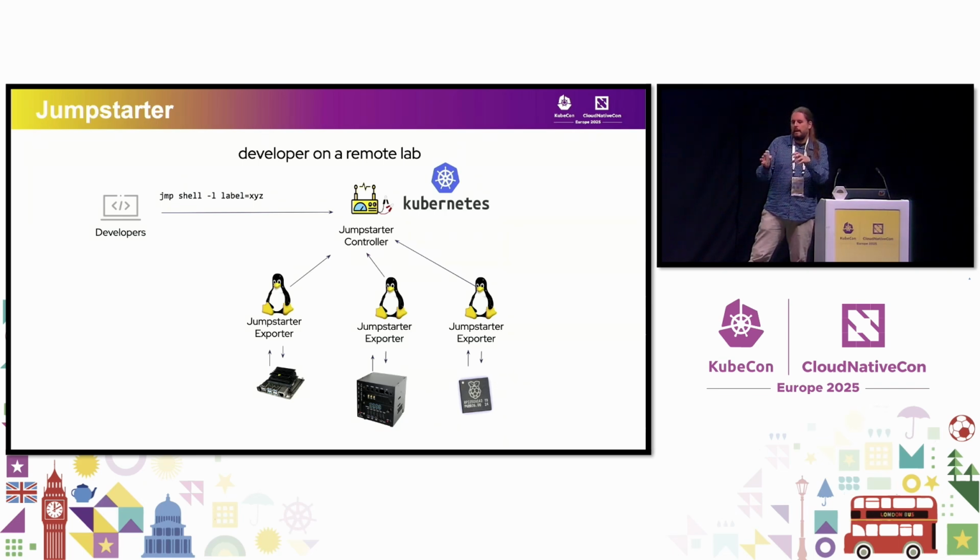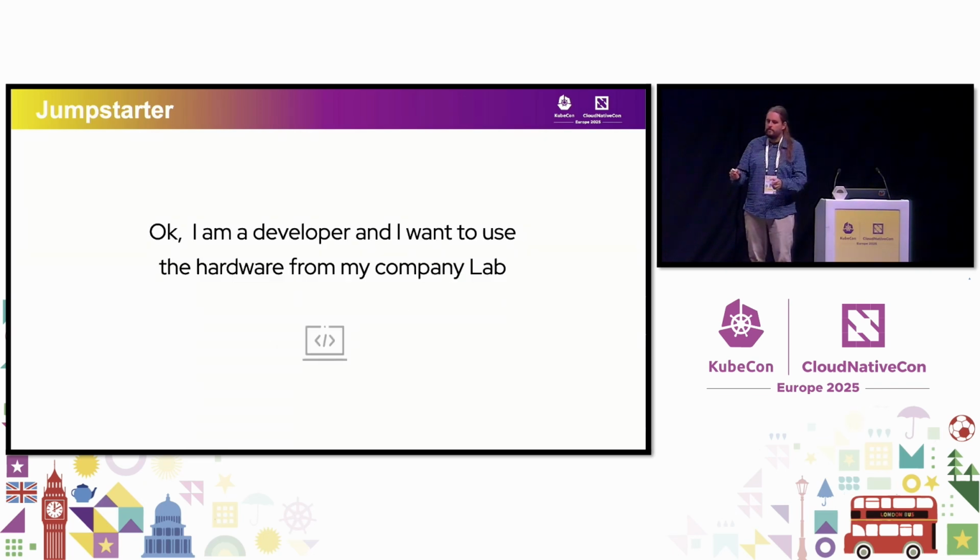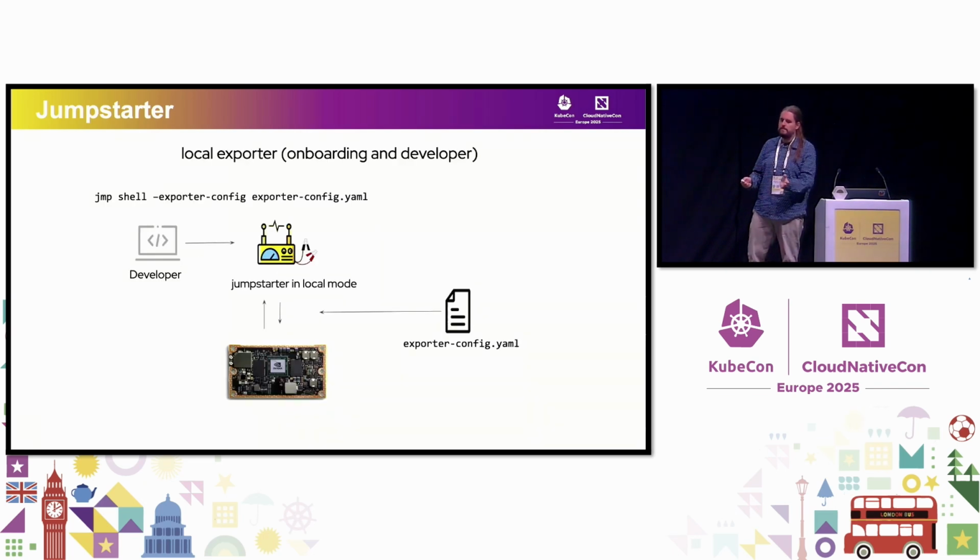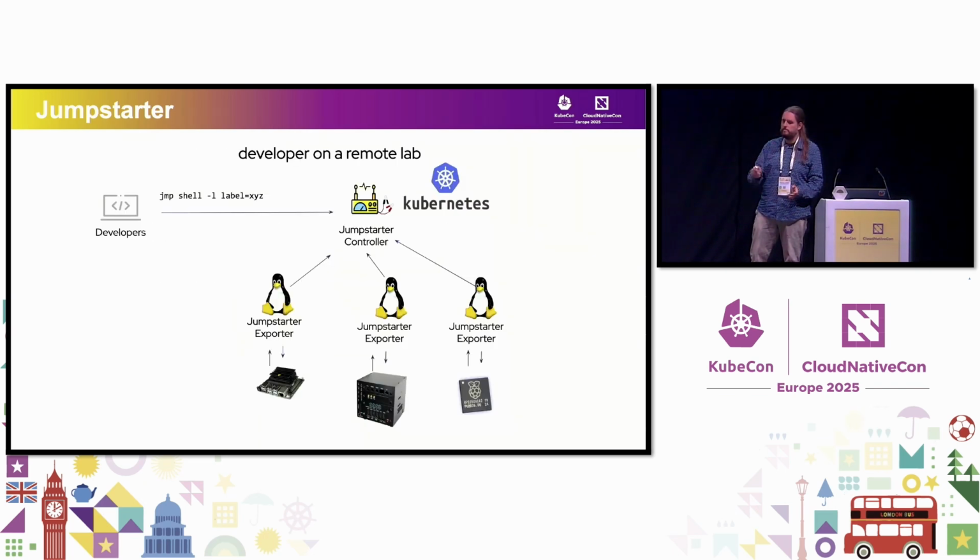It's just a Linux device that sits side by side with your hardware and has the physical interfaces to that hardware. That same configuration that you had as a local developer, you just put it on the exporter, run this as a service, and add an endpoint and a token to connect it to the controller. And everything else is the same.